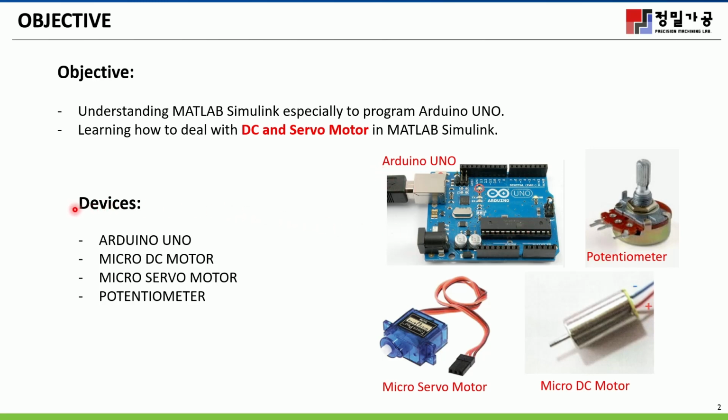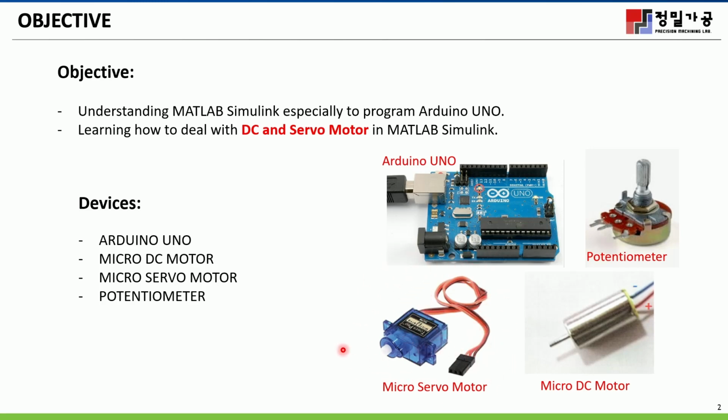Of course, the devices you are required to have in this class are an Arduino Uno, a micro DC motor of 3 volts, and a micro servo motor of 4.8 volts.